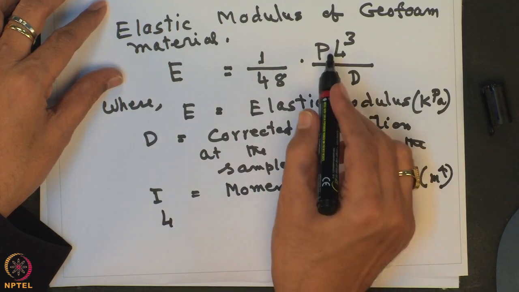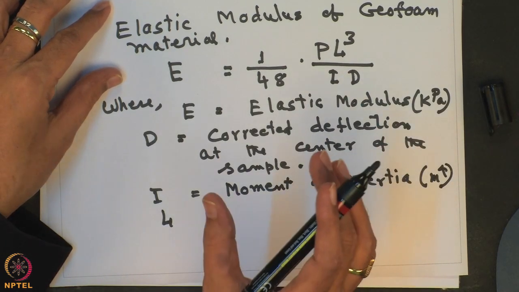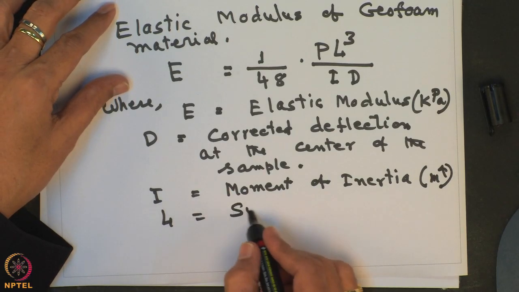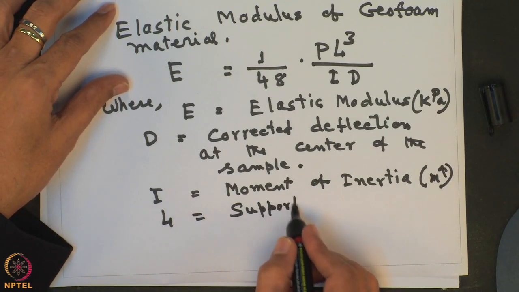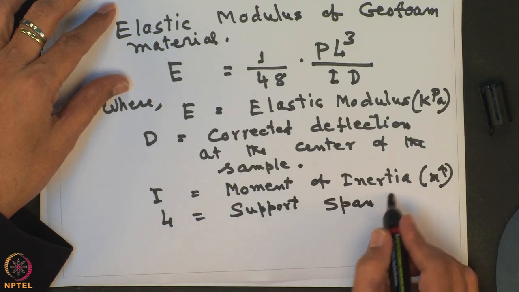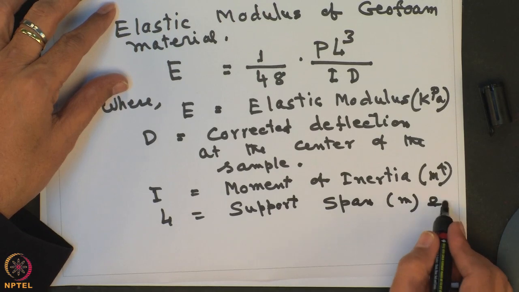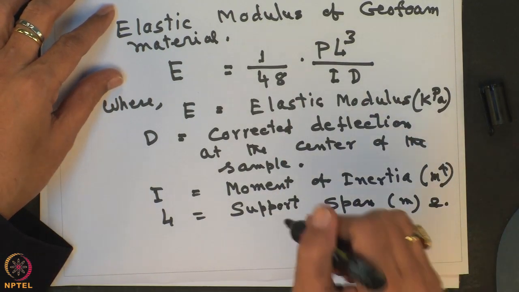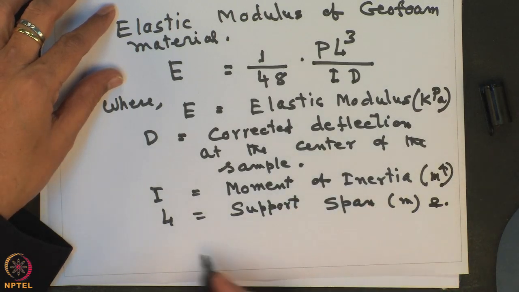And L is support span, that is in meter, and P is equal to load at a given deformation.